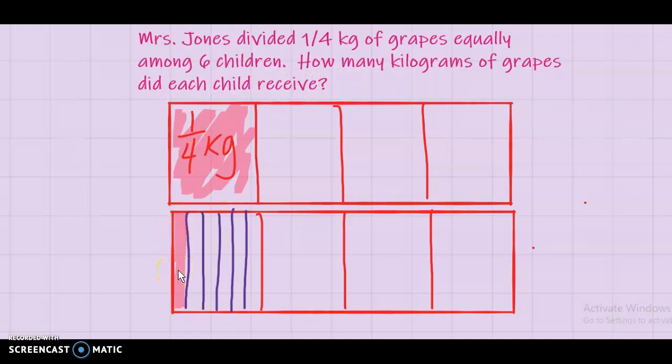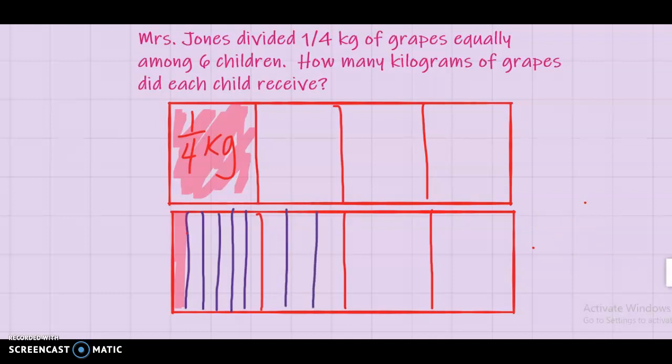So this is how much each child received. Well, how much is that? It's based on how many times we divided each fourth. I'm going to divide each of these fourths. Sorry, that was a mistake. I didn't divide that correctly.